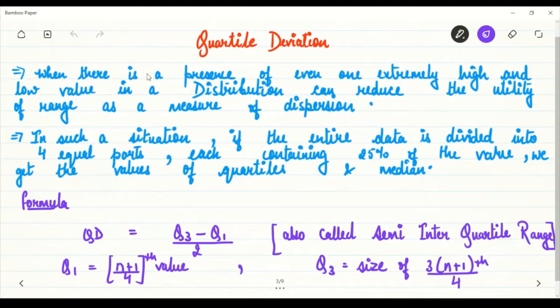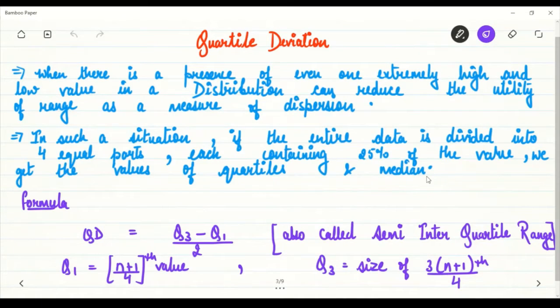When there is even one extreme high or low value in a distribution, it can reduce the utility of range as a measure of dispersion. In such a situation, if the entire data is divided into 4 parts, each containing 25% of the values, we get the values of quartiles and median.